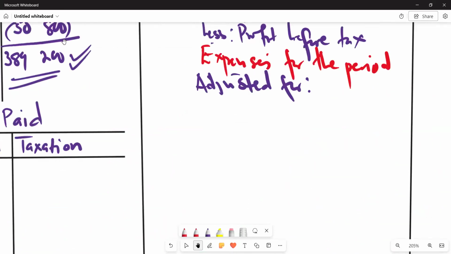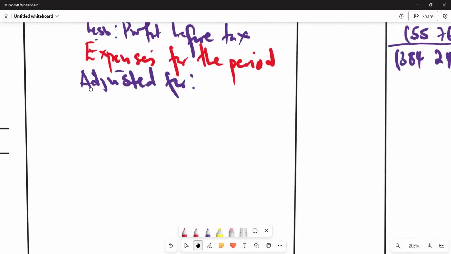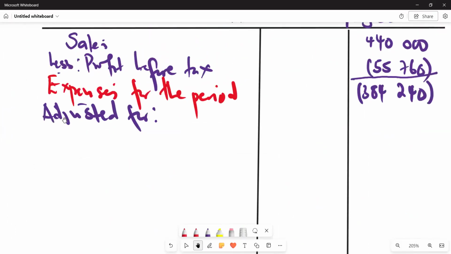So we have depreciation. We are going to add it. Remember what we are doing here, on the preparation of our statement of cash flow, we are going to start with the figure for profit before tax.